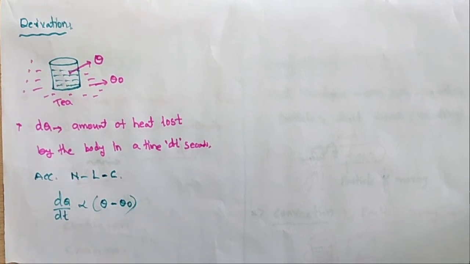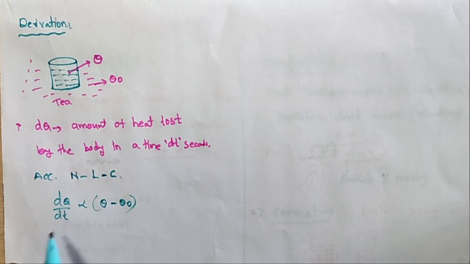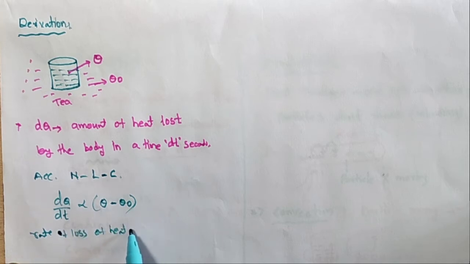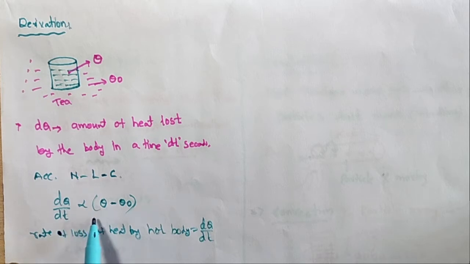Here dq by dt is the rate of loss of heat by the hot body. So dq by dt is directly proportional to theta minus theta naught.